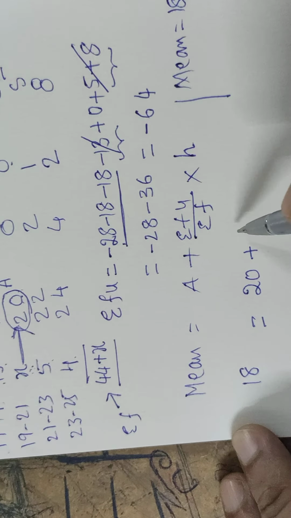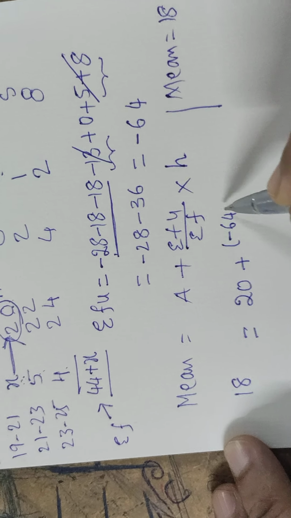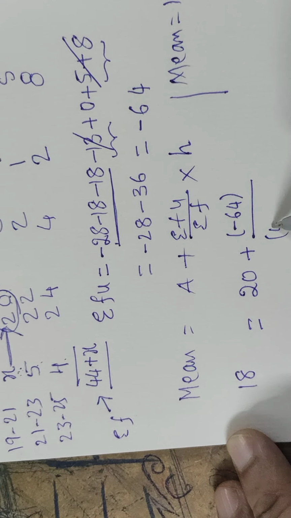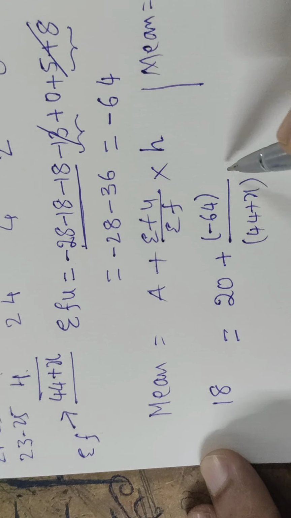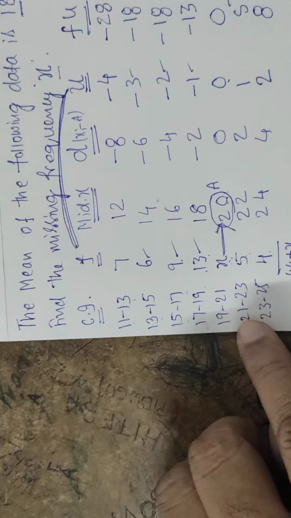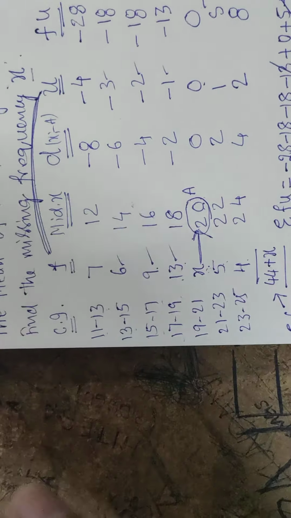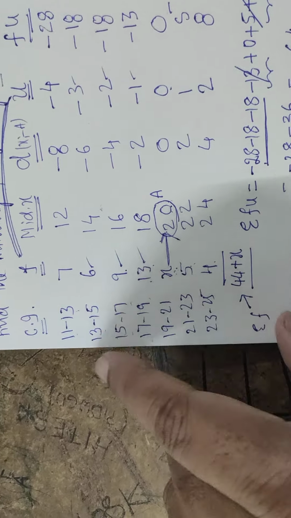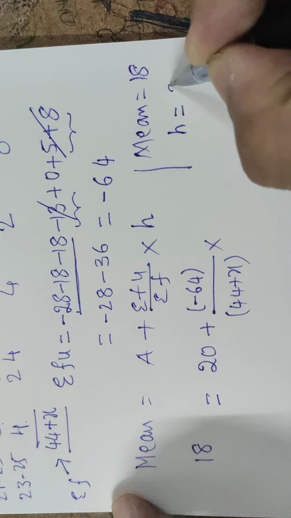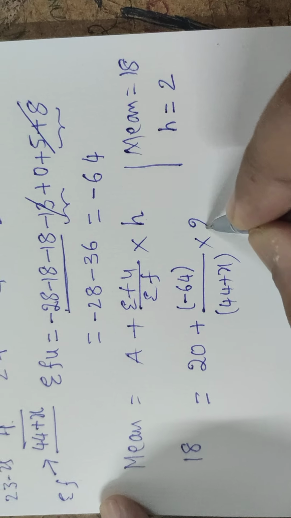Plus sigma fu, which you got as minus 64, by sigma f, which is 44 plus x, into h. The size of the class is uniform here and the data is continuous. Take any class: 13 minus 11, 15 minus 13, 17 minus 15. So h is very clearly 2.